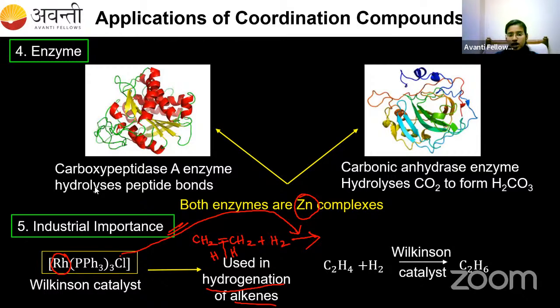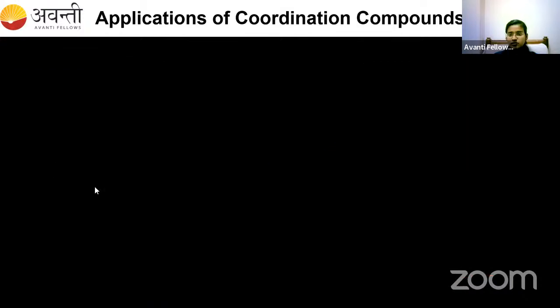Rhodium tris triphenyl phosphine chlorido complex. You have to memorize that because they will ask you. And the reaction is also given to you, the same reaction which I have given here. Okay. Ethene on adding the hydrogen will form ethane. We will have C2H6. All right. So Wilkinson catalyst is used, which is a coordination complex, in the industry.